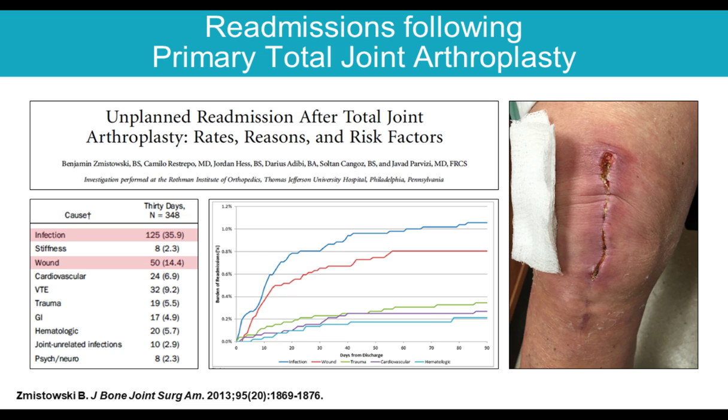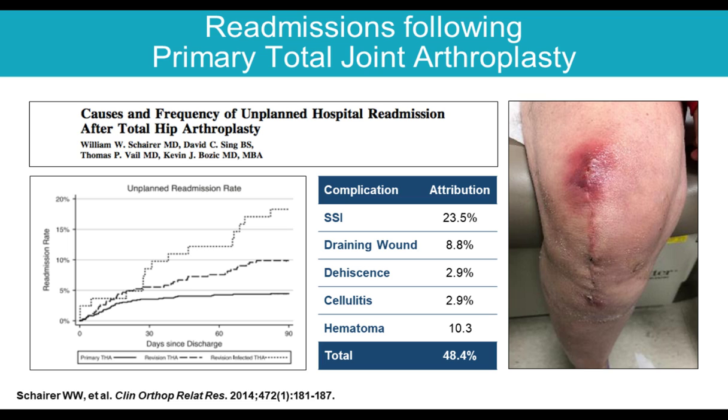And if you look at all the potential causes, including medical complications, prosthesis-related complications like fracture or dislocation, if you sort all those out, 50% of the unplanned readmissions are attributable to the surgical site itself, either divided between infectious or non-infectious wound complications.